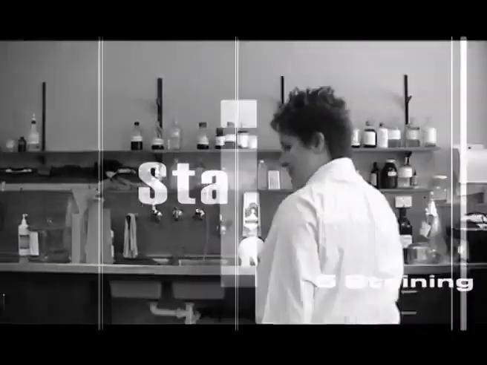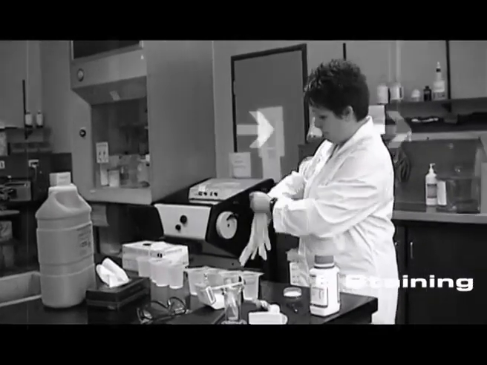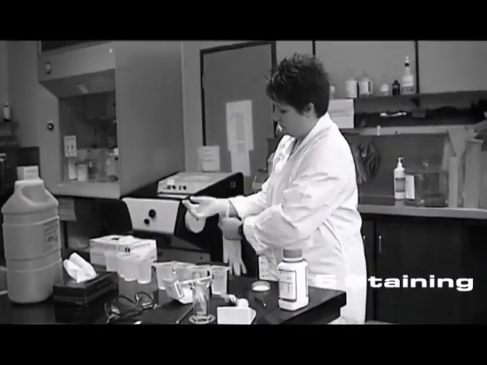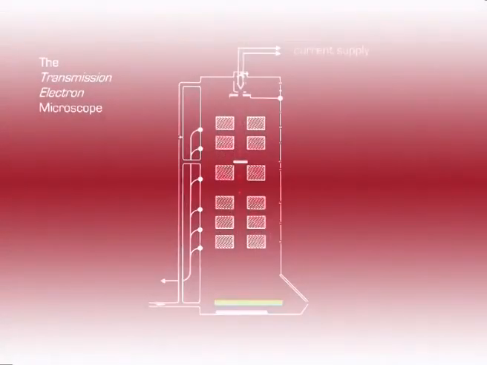The final step in tissue preparation is staining. Contrast in electron microscopy is enhanced using heavy metals, for example uranium and lead. Deposits of heavy metals in a section deflect the electron beam.